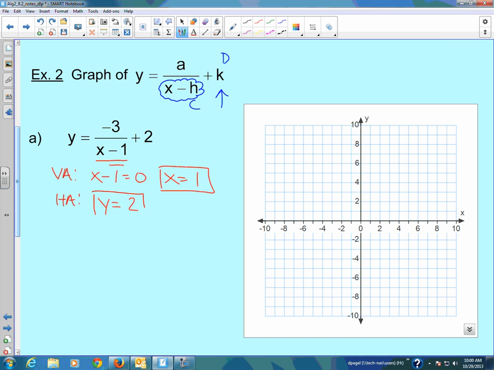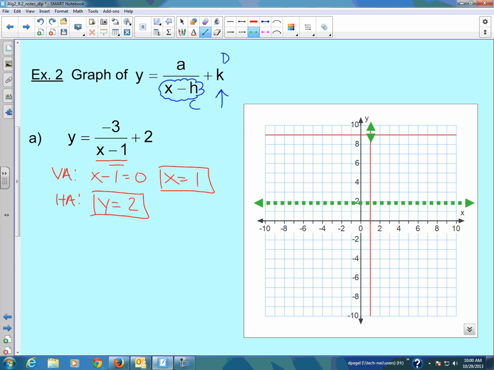So I have my two asymptotes, and I can put them in: y equals 2, x equals 1. My branches will fall within the areas bound by those asymptotes. And then test some points.